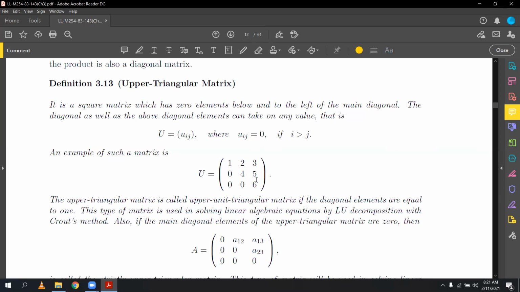No need to work it out further. You already see that all the diagonal elements are not equal to 0. Without doing anything, you directly say this is non-singular.